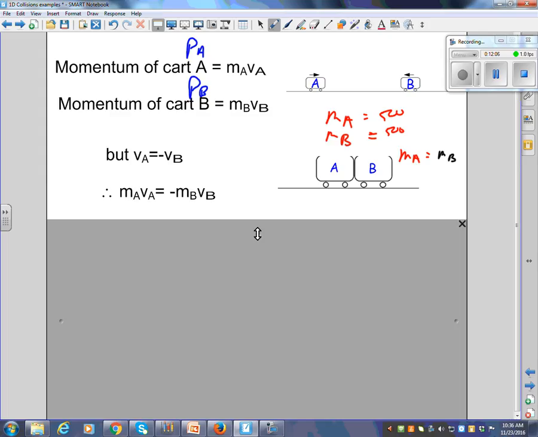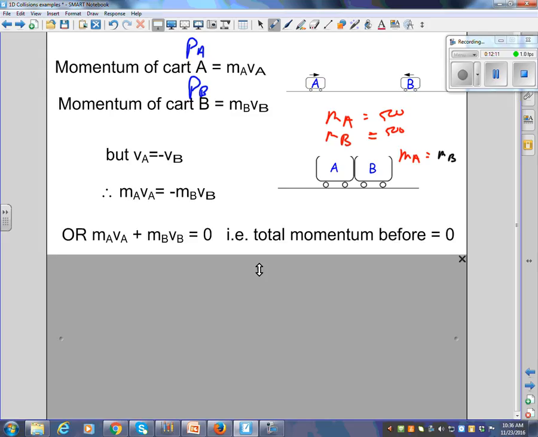With me so far? So if MAVA is equal to minus MBVB, when you take that MBVB to the other side, it becomes positive, and you get MAVA plus MBVB is equal to 0. The total momentum before has to be 0.